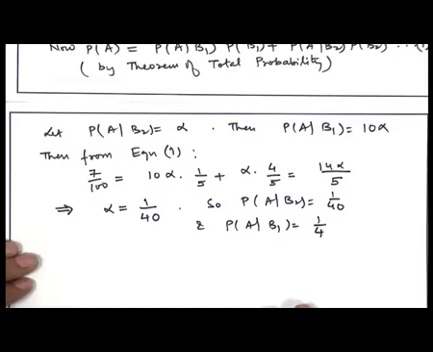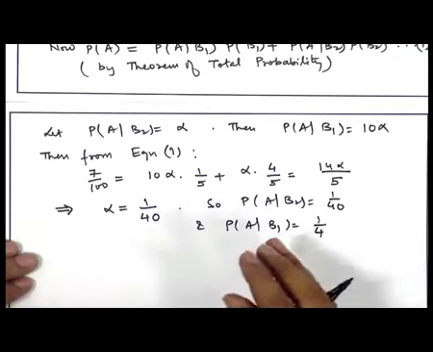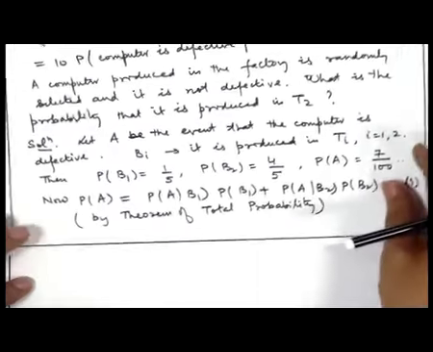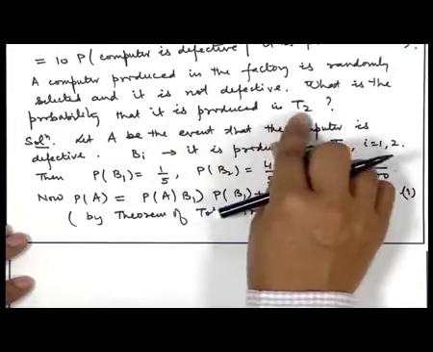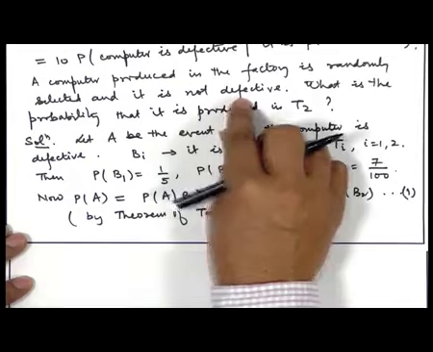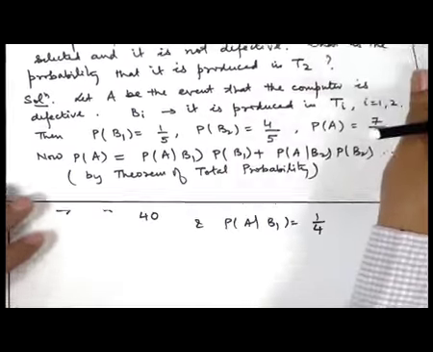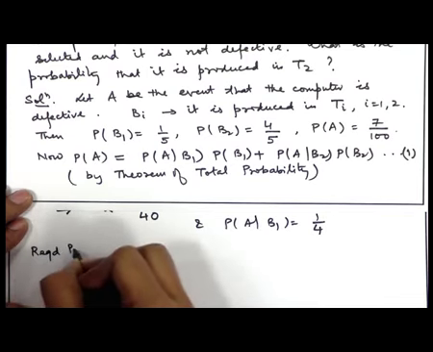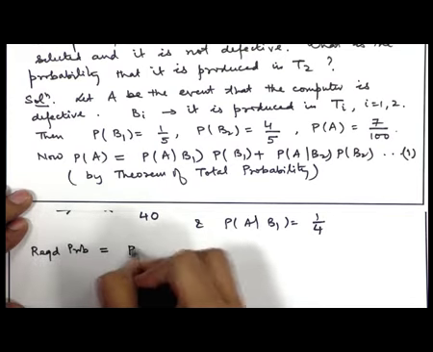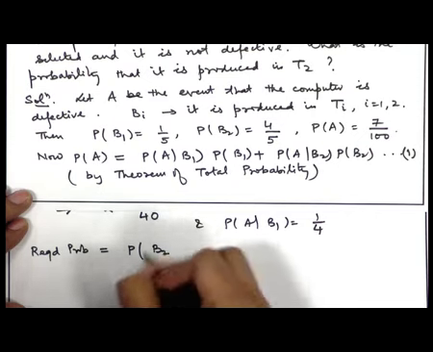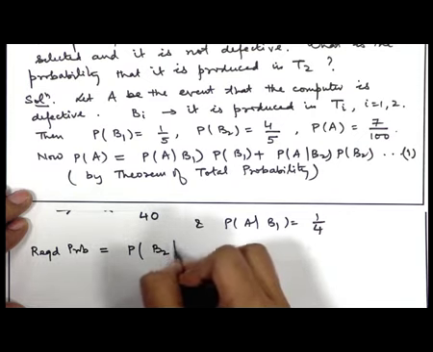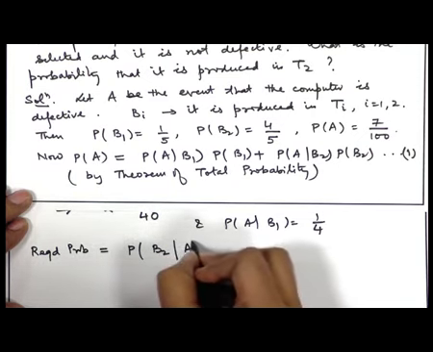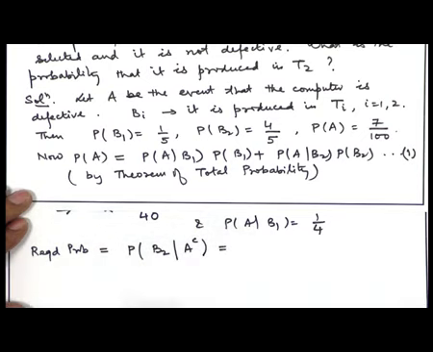Okay. So, what is the question that is asked? What is the probability that it is produced in T2 given that it is not defective? In terms of events, the required probability is probability of B2 given A complement.